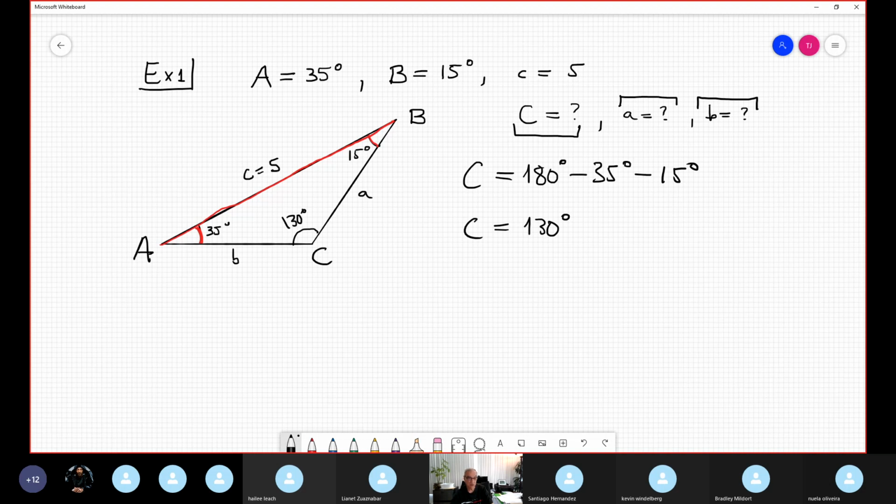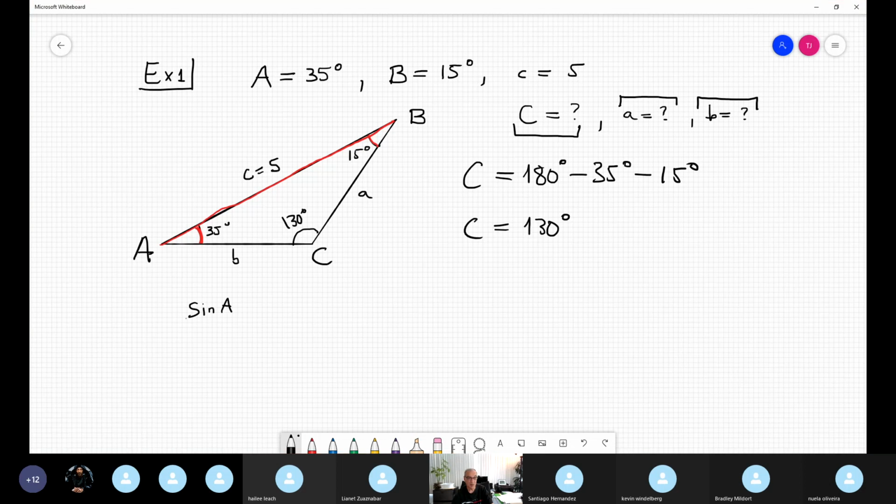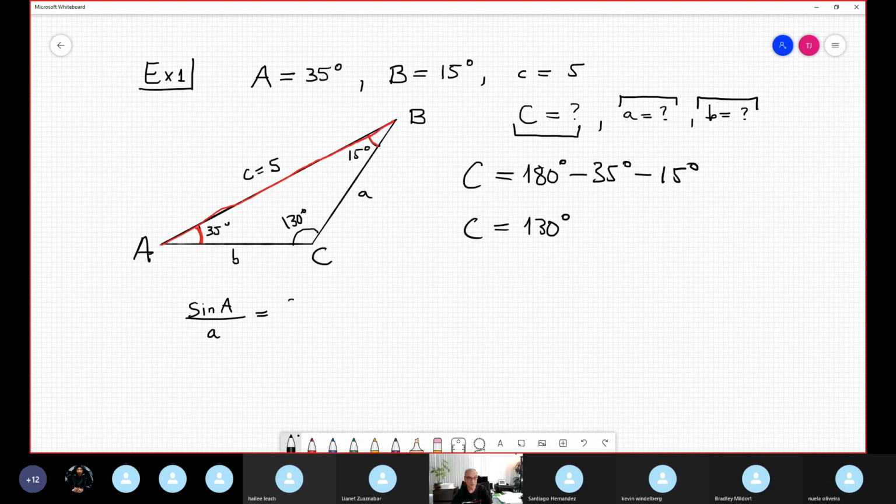Two times. So sine of A, I copy the famous law, divided by A is equal to sine of C divided by C. So in our specific example, sine 35 degree divided by A, which I have no idea, is equal to sine 130 degree divided by 5.